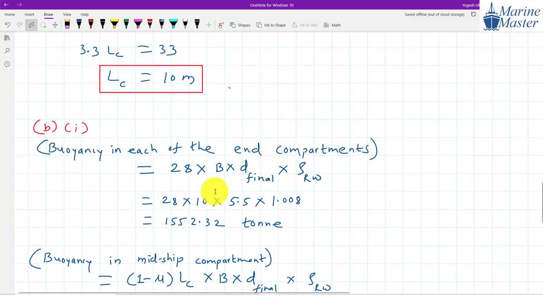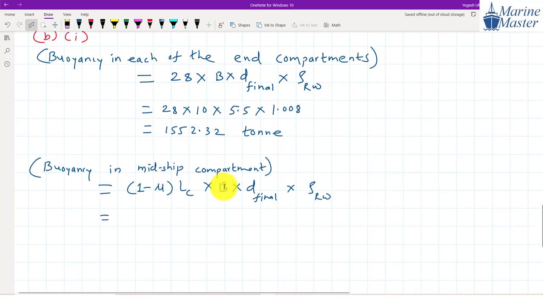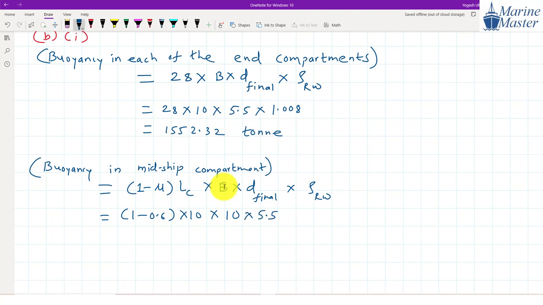Okay, good. So 1 minus 0.6 LC, 10 meter we got it, into breadth 10 meter, into draft final 5.5 and density of river water 1.008.